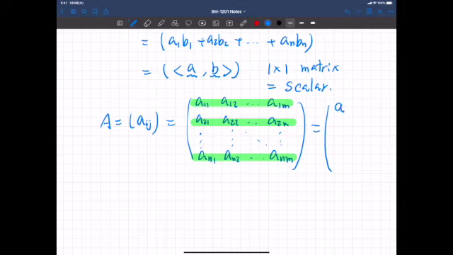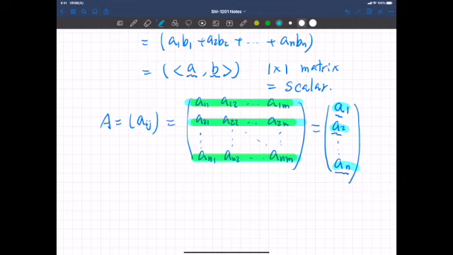So let's call this A1, A2, and An. So this A1 is equal to the first row, this A2 corresponds to the second row, and An corresponds to the nth row of this matrix.